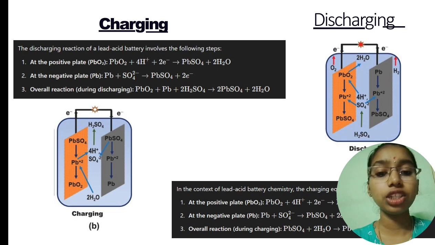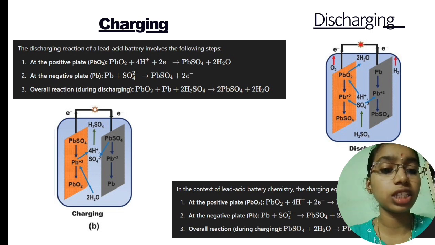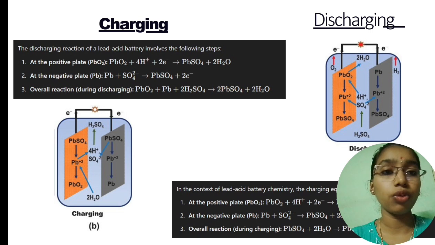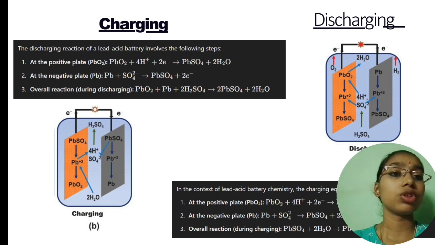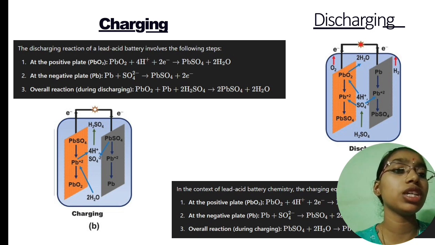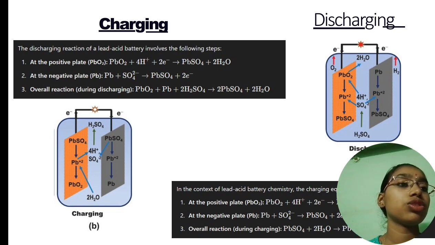Under charging, to recharge a lead storage cell, the reactions that take place during discharging are reversed by passing an external EMF greater than 2 volts. The overall cell reaction in charging is 2PbSO4 + 2H2O gives PbO2 + Pb + 2H2SO4.